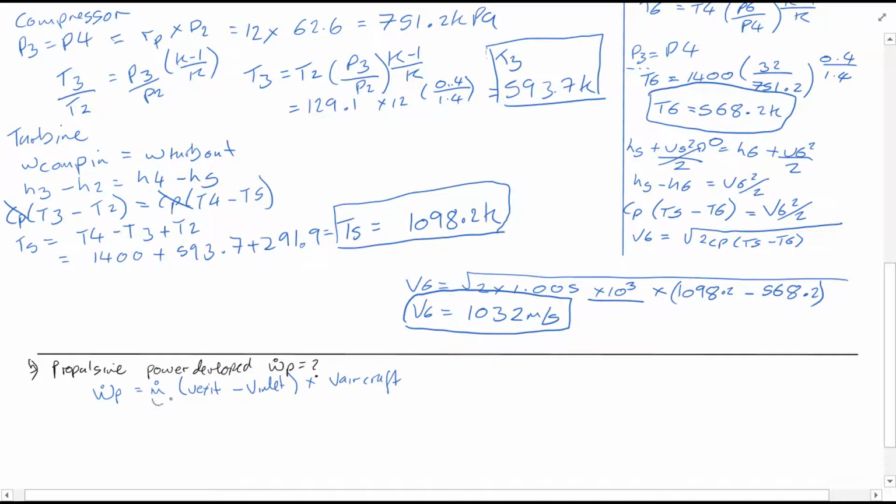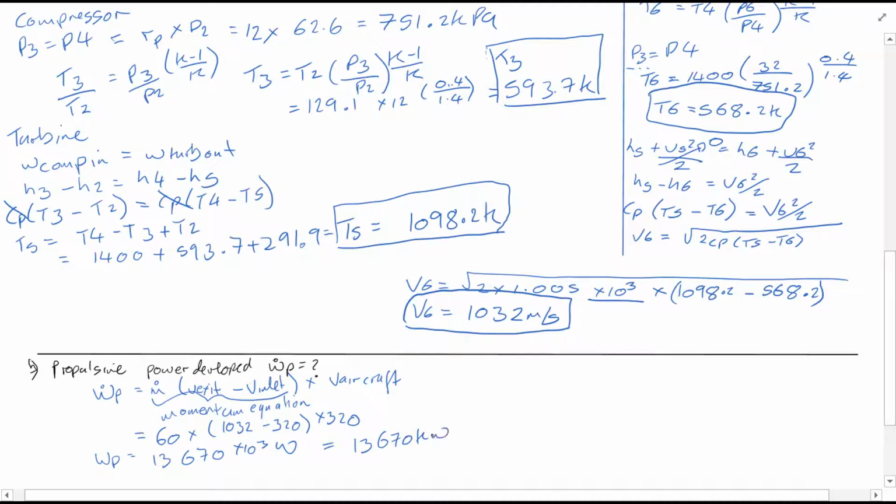Now of course this part here represents the momentum equation. You'll get a value of Wp equal to 3670 times 10 to the 3 watts, which is equal to 3670 kilowatts, of course.